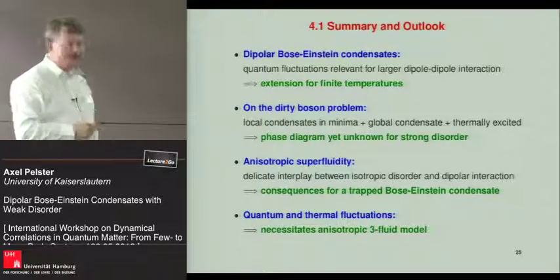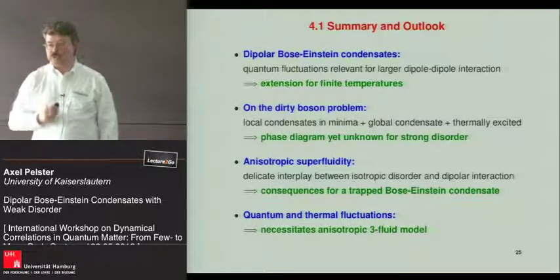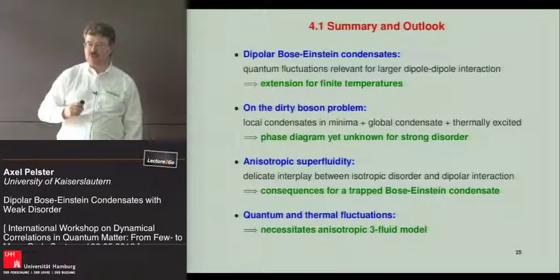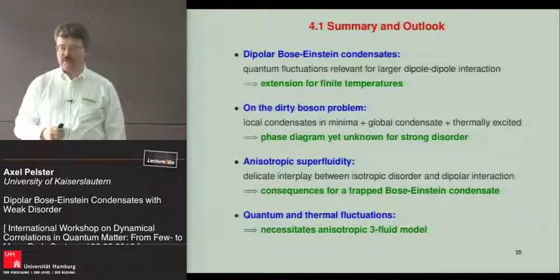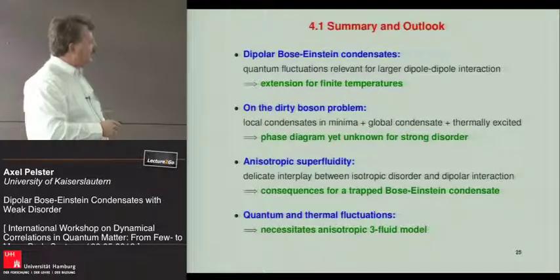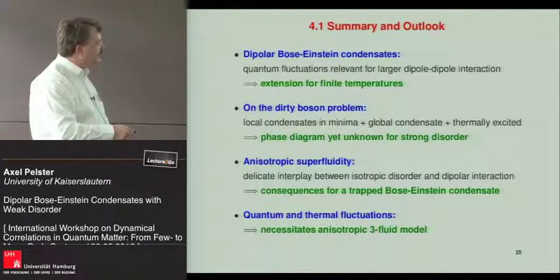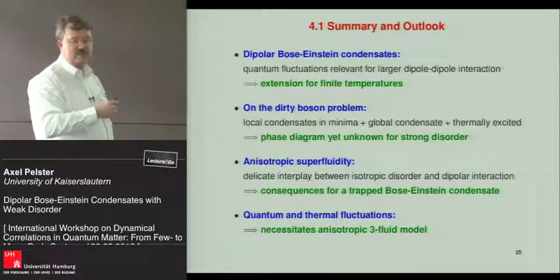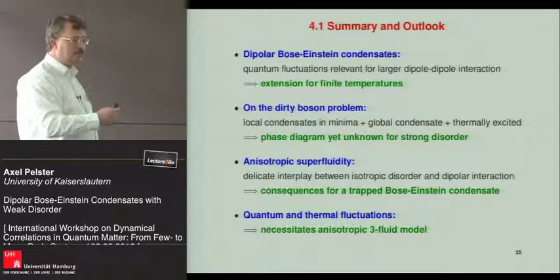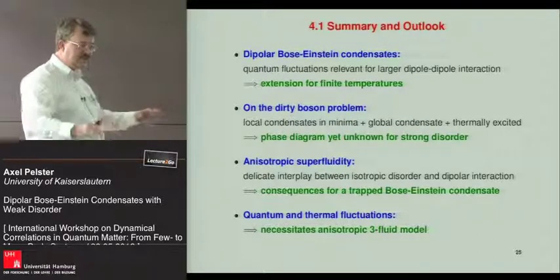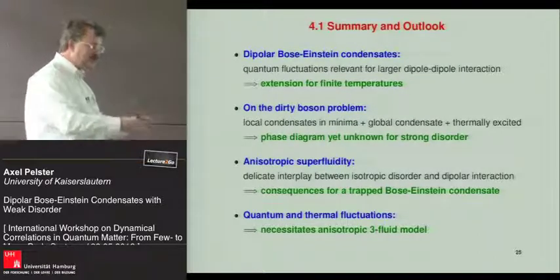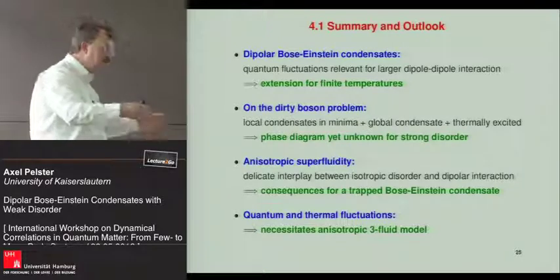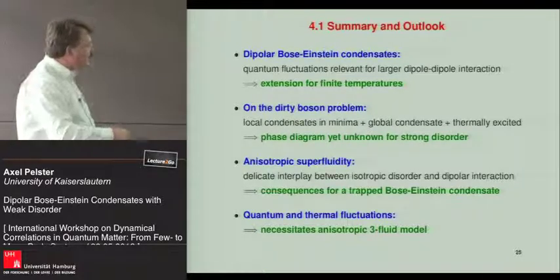And finally, the standard two-fluid model, which is used all over in our field, certainly needs to be generalized to a three-fluid model, because the local condensates represent, so to speak, an independent fluid component which is stuck, so its velocity is zero, but nevertheless some particles go there.